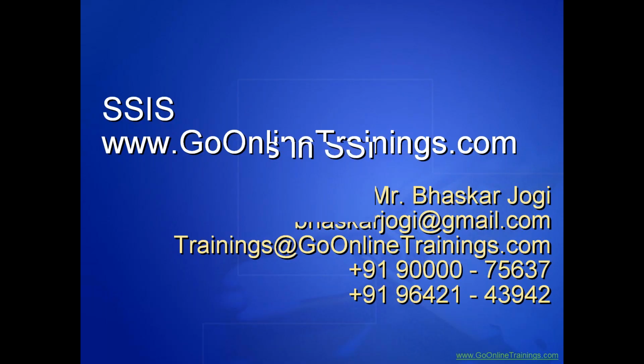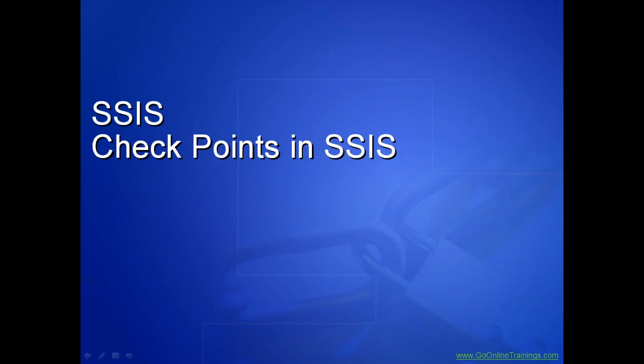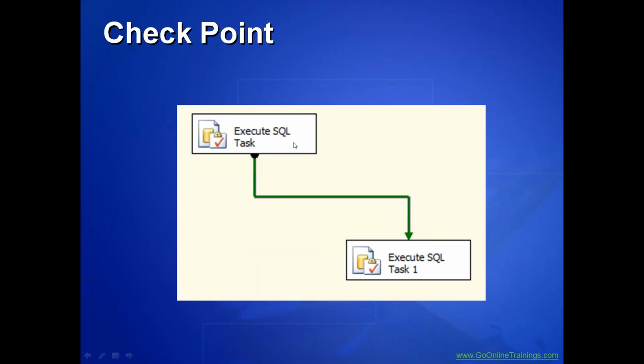Now, for today, let us understand one more important concept: checkpoints in SSIS. Let us understand what is a checkpoint. I have two activities which are being created: Execute SQL Task and Execute SQL Task 1. If I start executing them and both are successfully executed, then it is good.